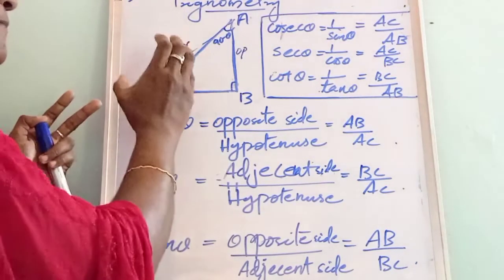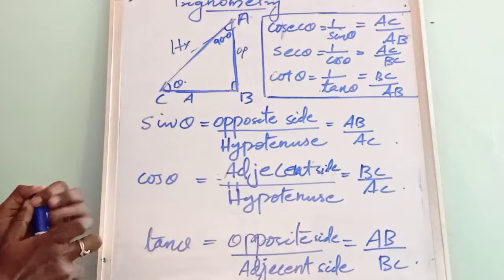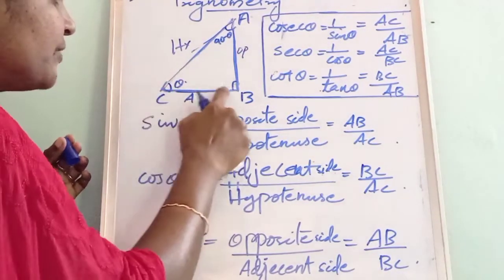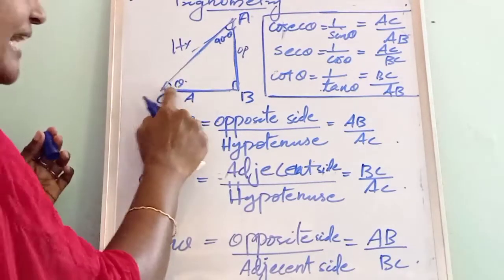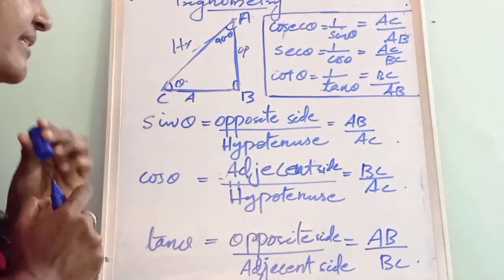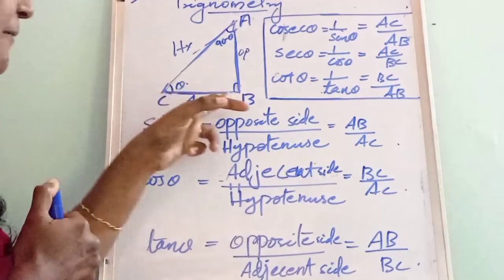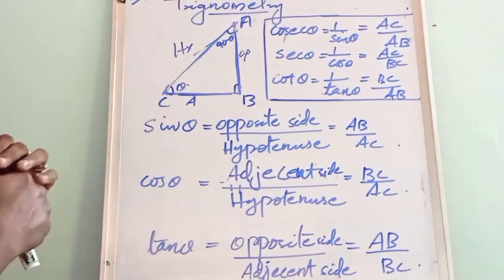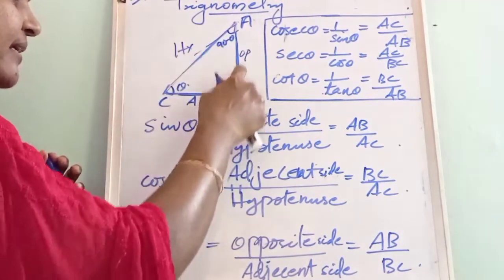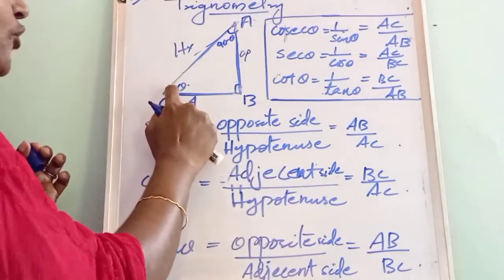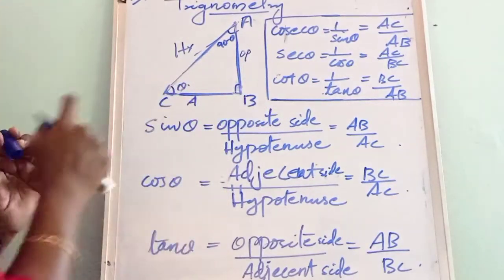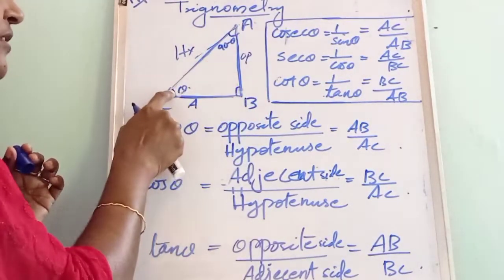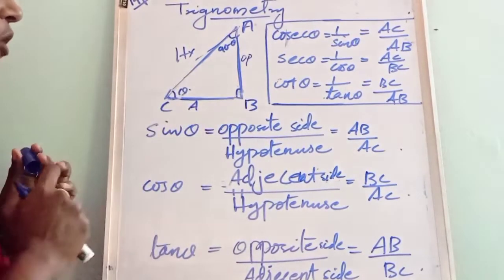Okay, and we can name each side of this right angle triangle. The side which is near to this angle theta, that is side BC, is called the adjacent side. Then the side AB is opposite to this angle theta, so it is called the opposite side.